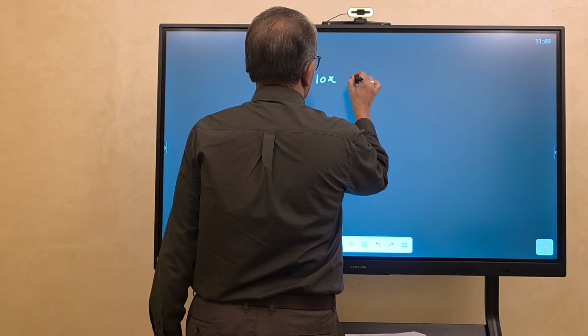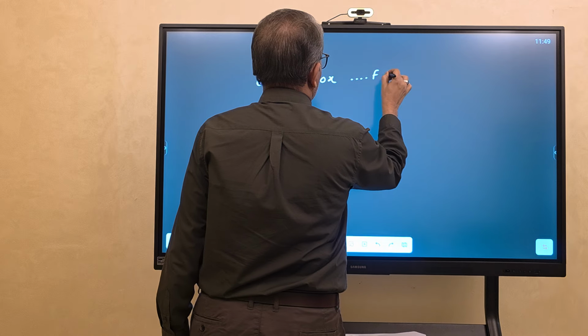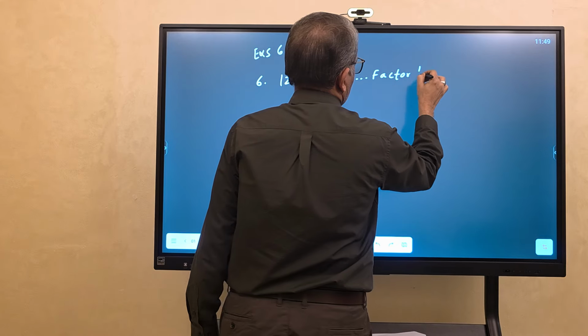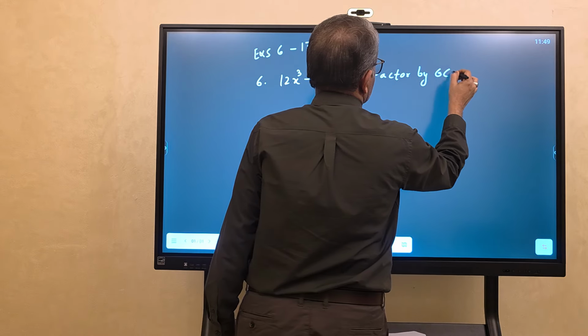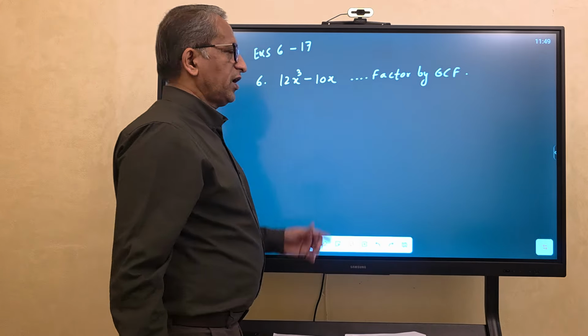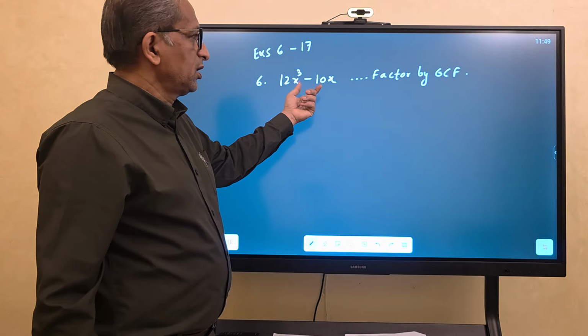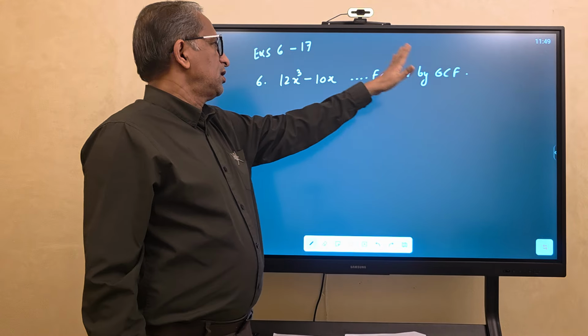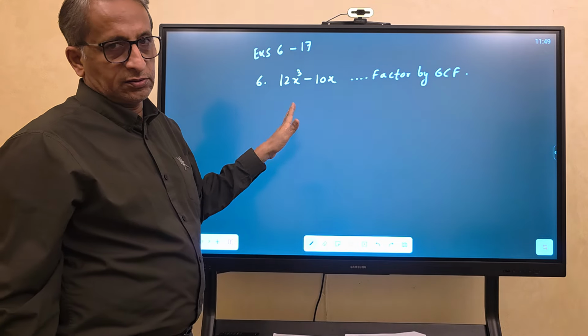So what you are going to do now is factor by finding the GCF. That means you factor this binomial by first finding the GCF and then factor it.